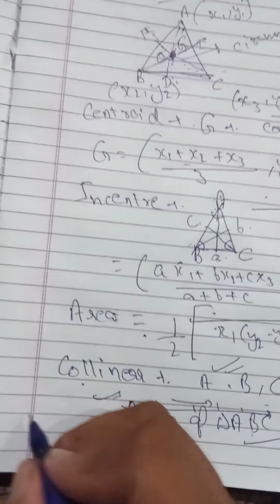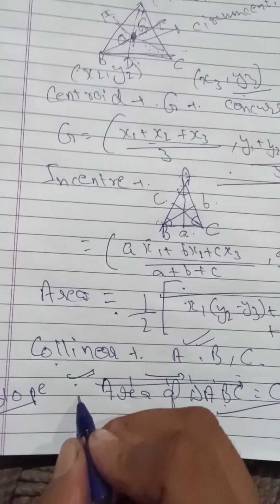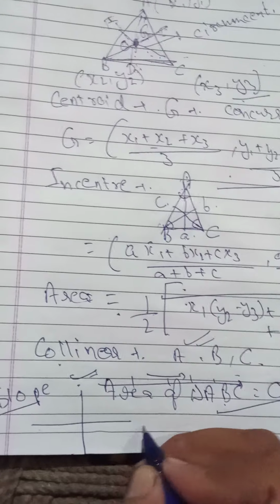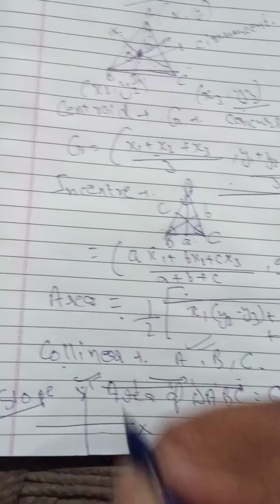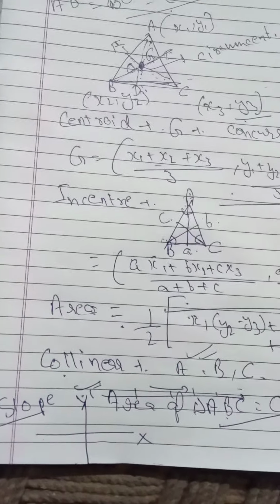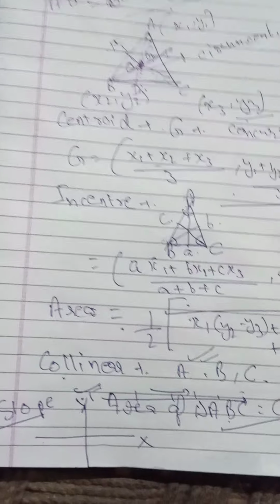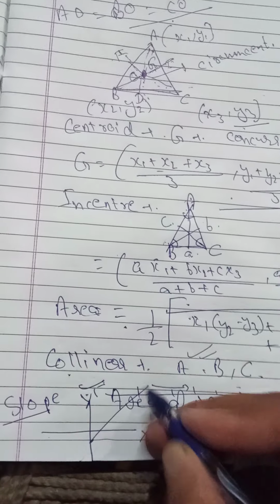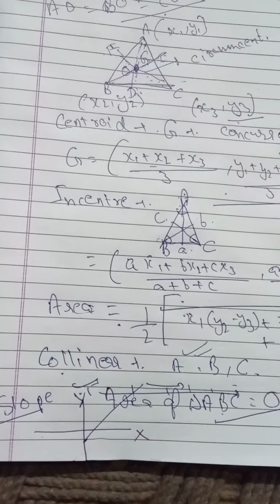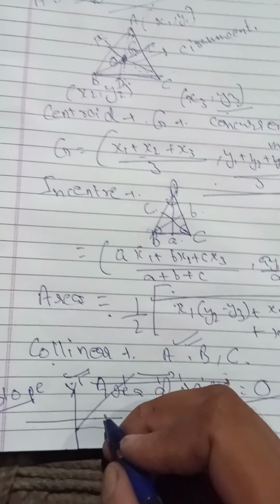And the next one is slope. In the Cartesian system, there are the x axis and y axis, and there are many other lines which are neither parallel nor perpendicular to these two axes. If this is a line, then how do we locate it? We made a concept of slope.